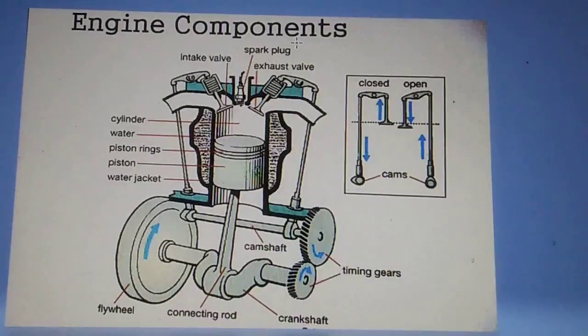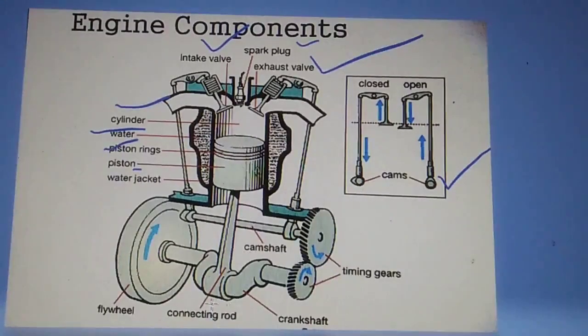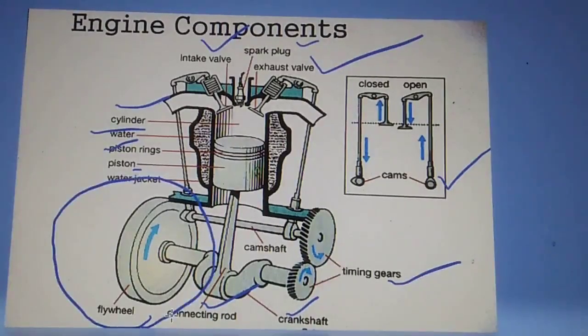We are seeing some of the parts of the engine, that is the spark plug, the intake valve, and the exhaust valve, which are closed and opened with the help of the cams. And these are the cylinder, water jackets, piston rings, and piston. And this is the camshaft, the connecting rod, crankshaft, timing gears, and this one is the flywheel.